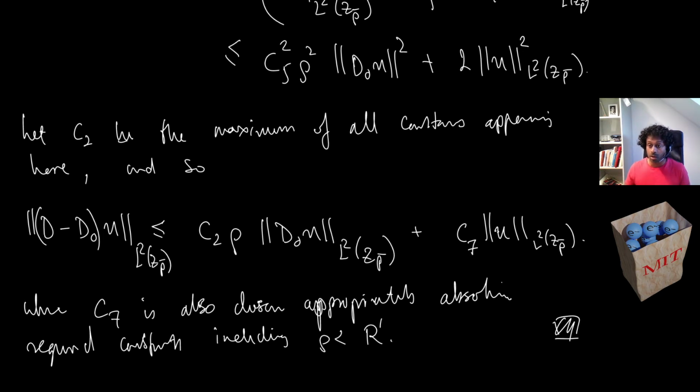That might just blow up and head towards infinity. It's still finite, but it'll be very large if we want to try and make the norm here smaller, right? So what we're really doing in principle here is we're moving away more and more of the lower order term that's present in the operator D naught, and compensating for that by allowing the norm there to blow up, or the constant there to blow up.